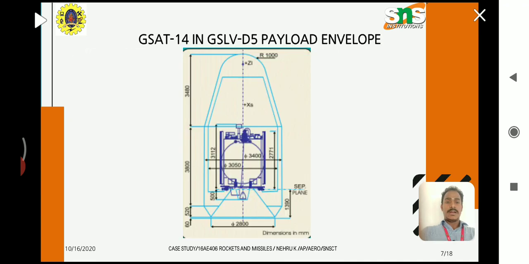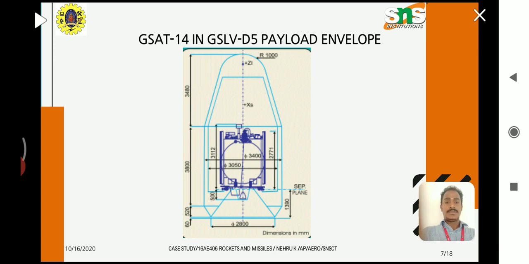This is the schematic line diagram of the GSAT 14 in the GSLV D5 payload envelope. The satellite is carried and mounted in the third stage, and it will separate during the launch in the orbit.